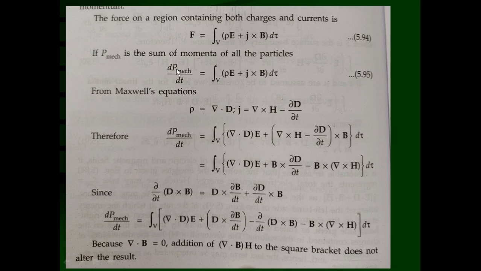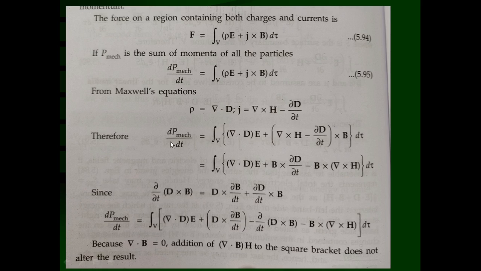Now using Maxwell's equations, we can replace ρ, the volume charge density, ρ is equal to divergence of D, that is Maxwell's first equation, and J is replaced by curl of H minus ∂D upon ∂t, the third Maxwell's equation. So we are substituting in this equation the volume charge density ρ as well as the current density J, which is going to be replaced by this expression.